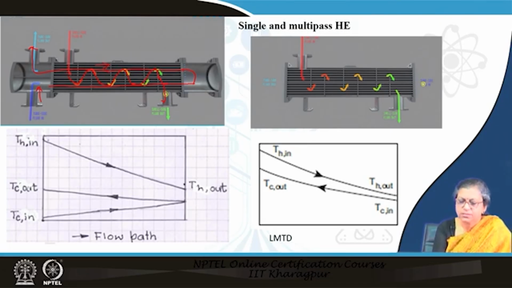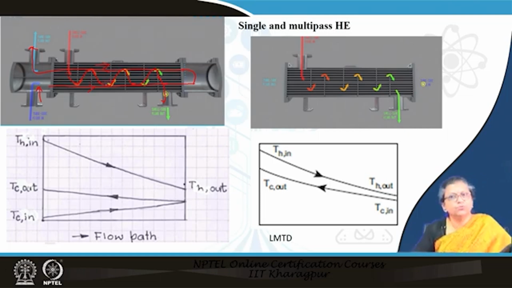So, therefore, the flow is counter current. In this part, in the lower part, below the pass partition plate, if you observe, what do you find? The tube side fluid is flowing in this way, the shell side fluid also grossly is flowing in this direction only. So, therefore, what do you find?